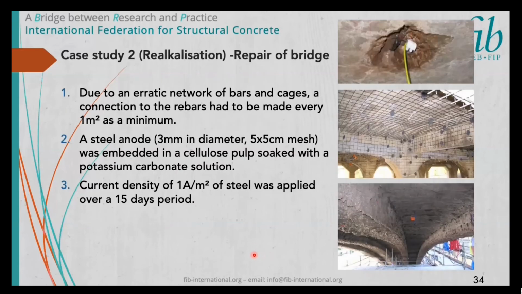Due to an irregular arrangement of bars and cages, a connection to the rebars had to be made every 1 square meter as a minimum. A steel anode, 3 millimeter in diameter and 5 by 5 centimeter mesh, was embedded in a cellulose pulp soaked with a potassium carbonate solution.